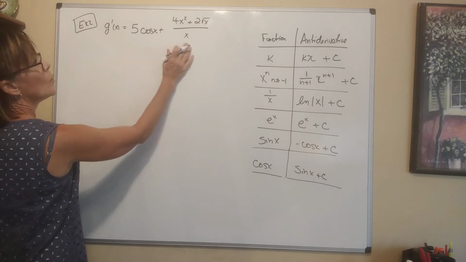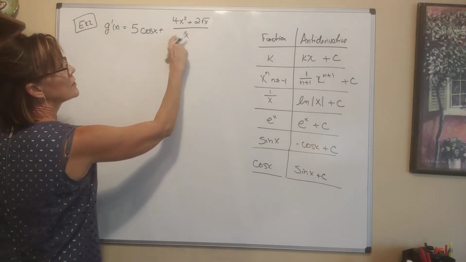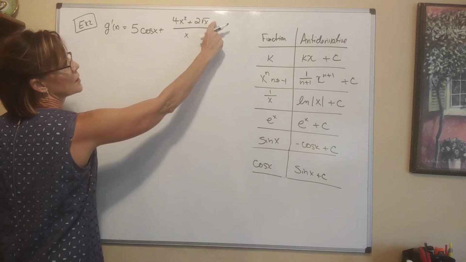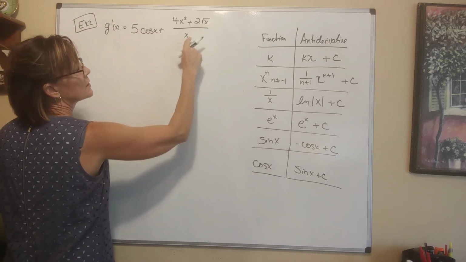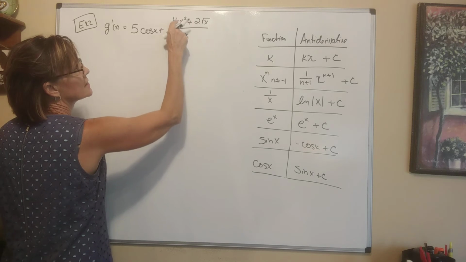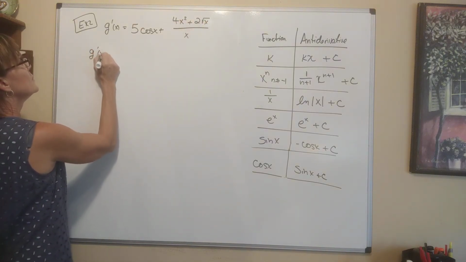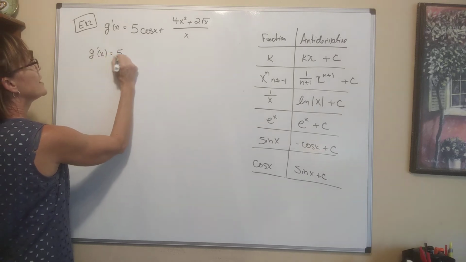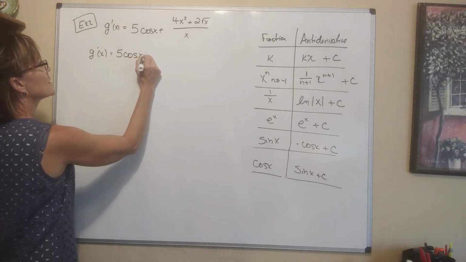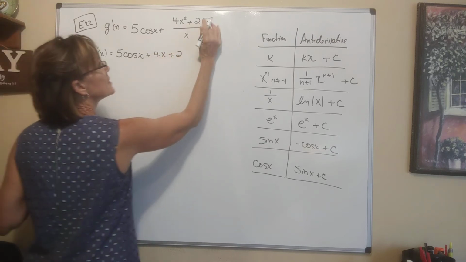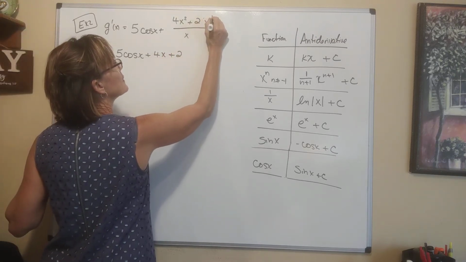So let's see. What I'm going to do is rewrite this. This is a polynomial divided by a monomial. Well, this isn't really a polynomial because of that square root, but I'm going to divide this x into each of these terms. So I'm just working with my g prime. This is 5 cosine of x plus 4x plus 2 times x to the 1/2, right?